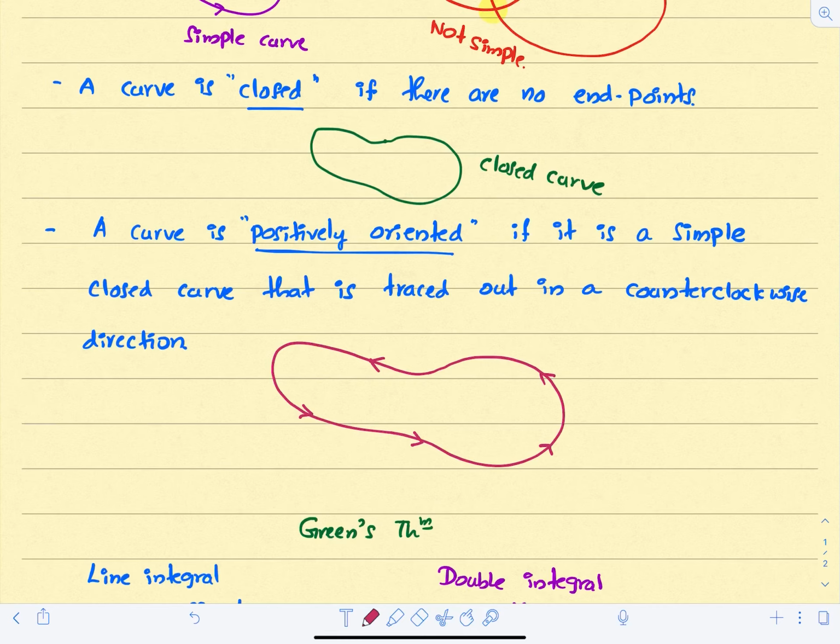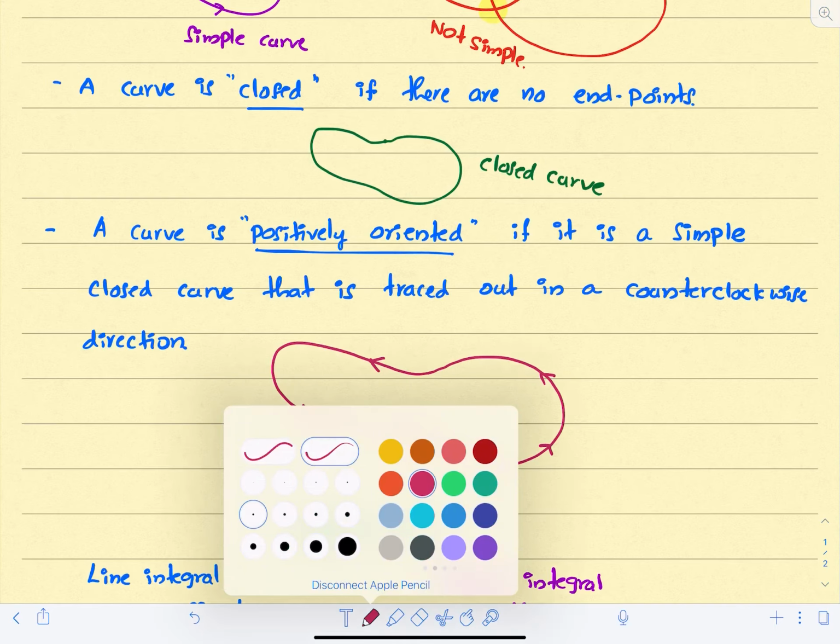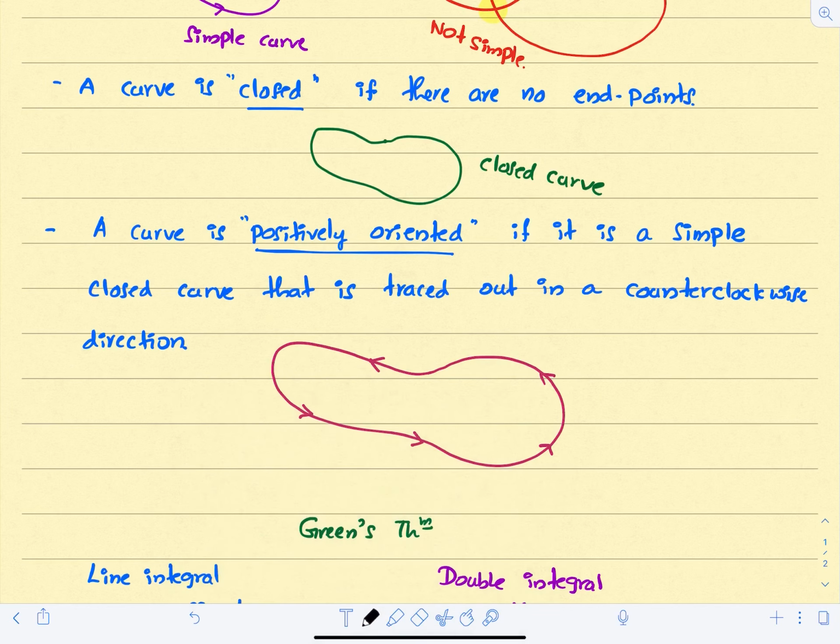In another way, if you walk on this curve, then the region bounded by this curve should be on your left-hand side. So this is the region bounded by the curve, and it is on the left-hand side.